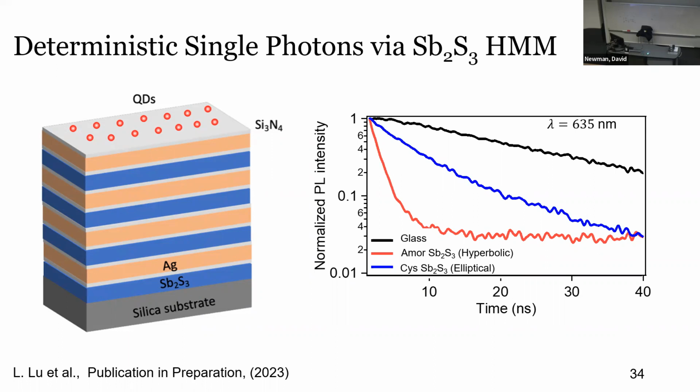It'll become much more deterministic because the decay is much faster in the hyperbolic state. And you can amorphize this material much faster than you can crystallize it. So this is the idea behind this hyperbolic metamaterial research.